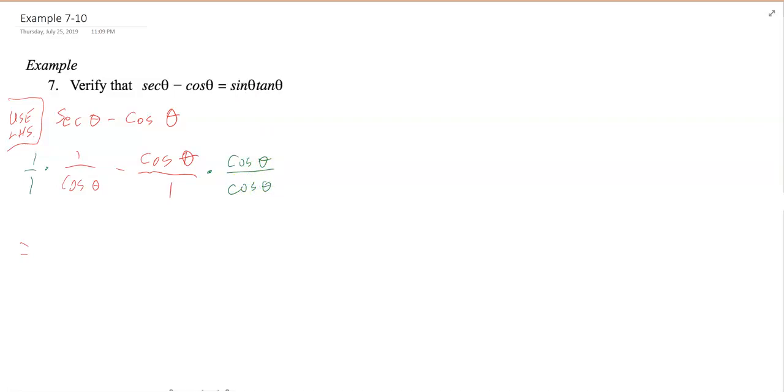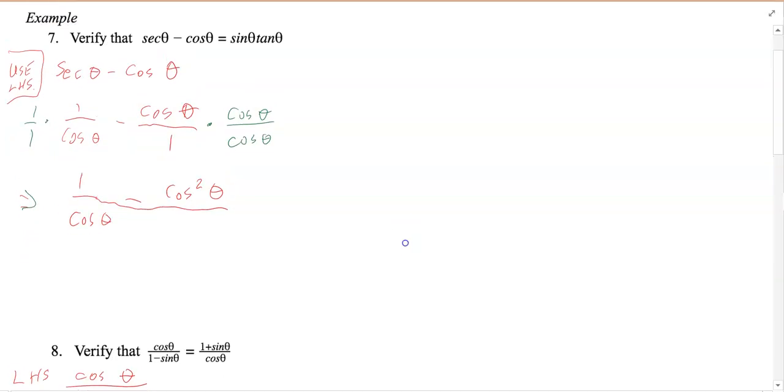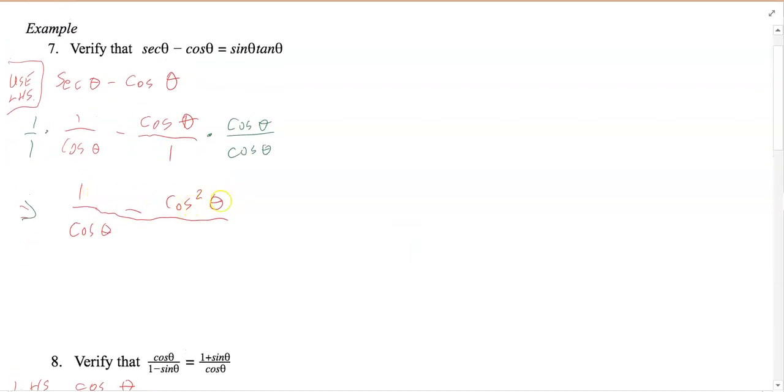And this will become 1 over cosine theta minus cosine squared theta over cosine theta. So that's going to be the same denominator there. And then what do we know about 1 minus cosine squared theta?